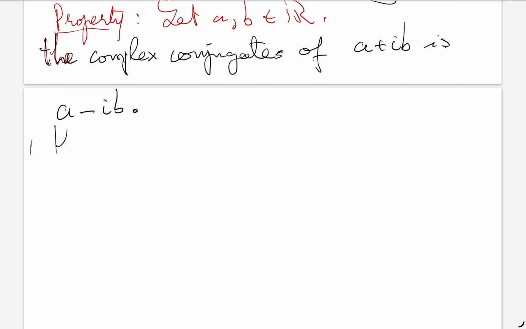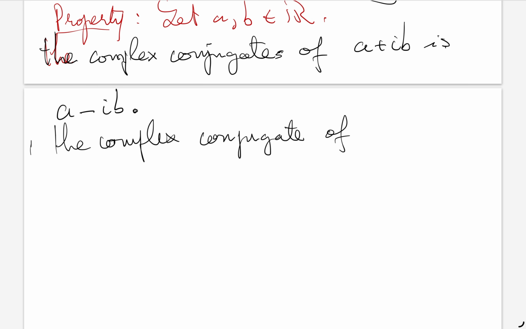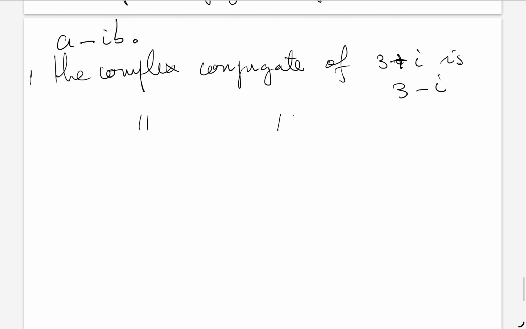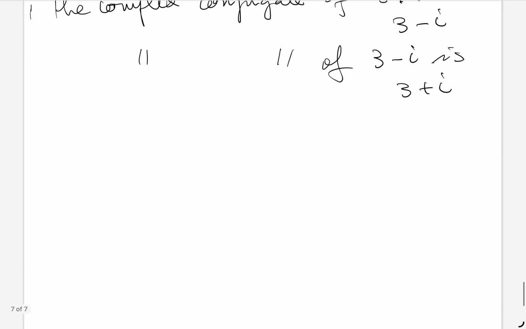The complex conjugate of 3 plus i is just 3 minus i. And the complex conjugate of 3 minus i is just 3 plus i. That's it. That's all you have to know.